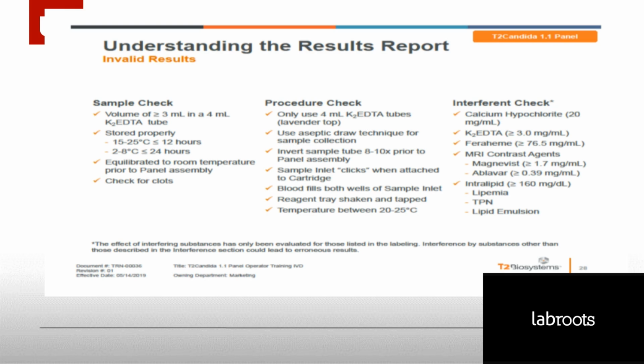We have a pathology resident right now investigating a few invalids that we have encountered and looking for whether any of the substances that you see listed here are in the patient's history. One thing we've noted on a couple of patients was they had an MRI with contrast, and of course contrast can interfere and give you negative results on the T2.